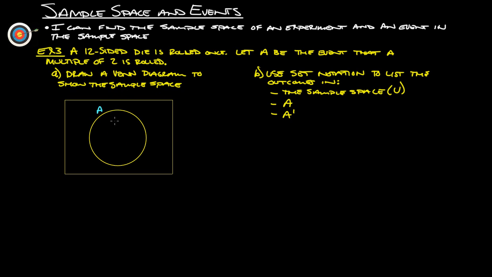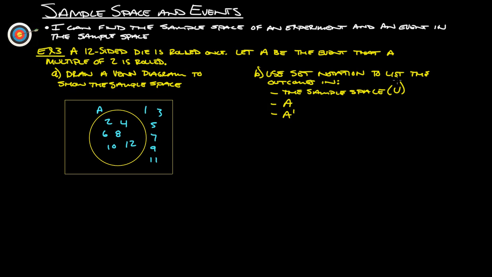All the multiples of 2 on a 12-sided die would be 2, 4, 6, 8, 10, and 12. Now we also have to include all the things that are not in A. So that would be 1, 3, 5, 7, 9, and 11. Okay, so we have used a Venn diagram to show the sample space.